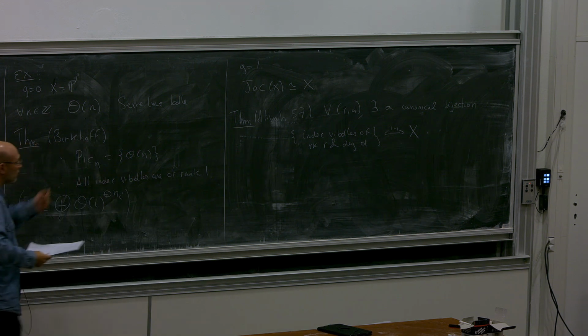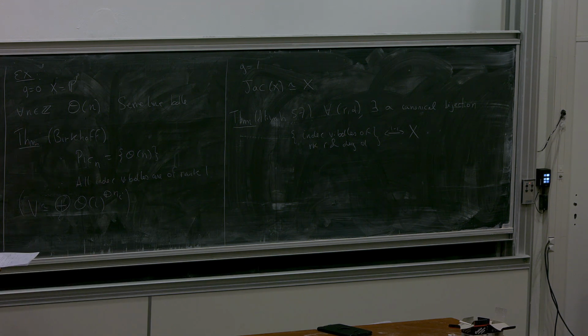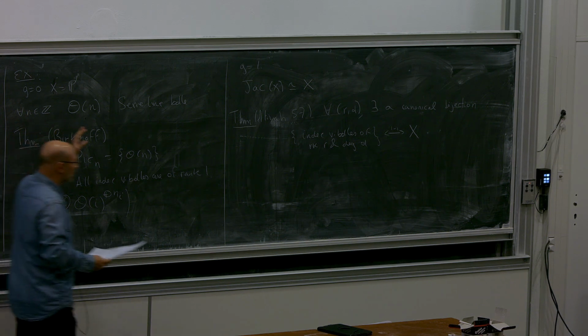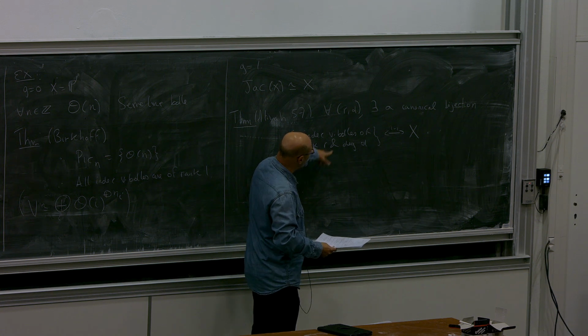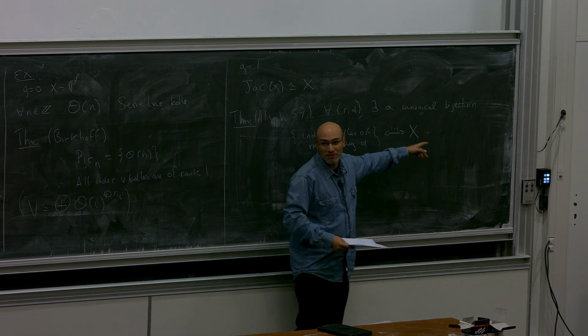So not only are all line bundles of fixed degree in bijection with the points of the curve, but actually rank 17 and degree 943 vector bundles are also in canonical bijection with points of X.